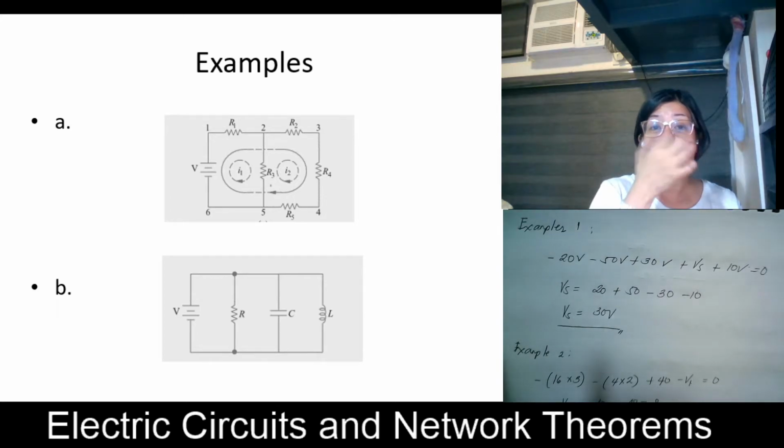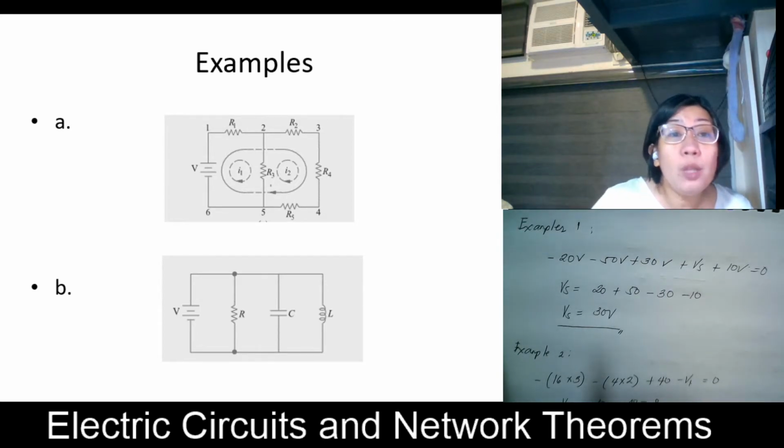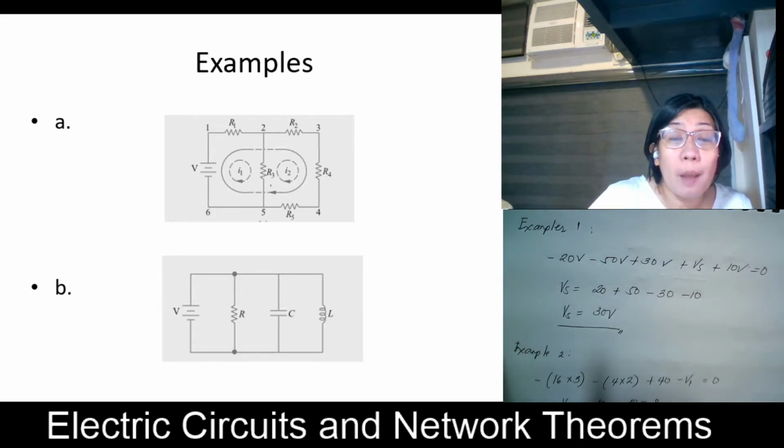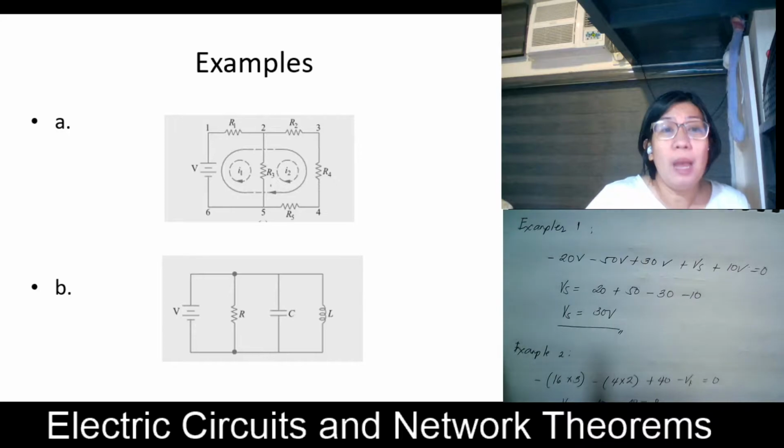What are the two nodes here? We can consider this darkened point as the first node and the second node here. Actually, this whole upper portion is considered one node because there are no other elements connected, just the L, the C, the R, and the V. So we consider this as one node, and we can also consider this as one node. Therefore, we cannot consider each of these lines as a branch.